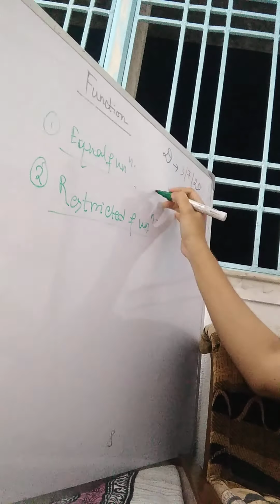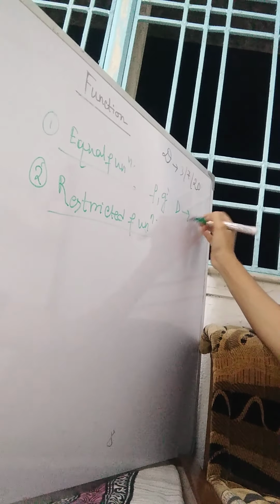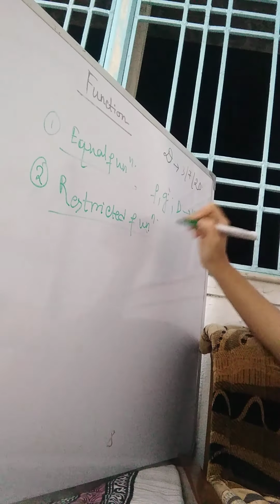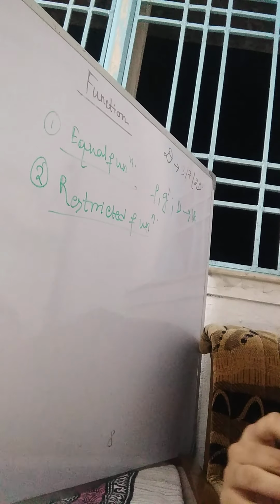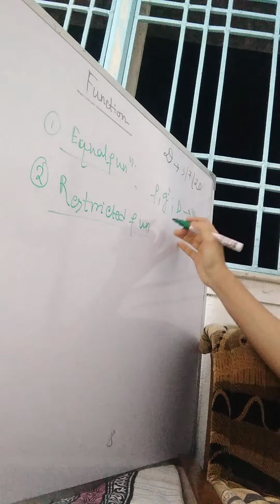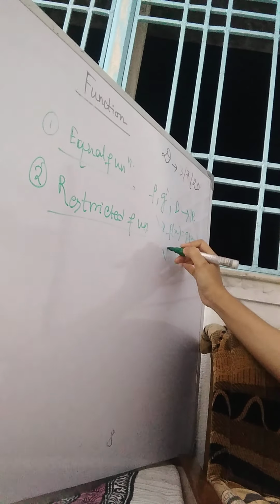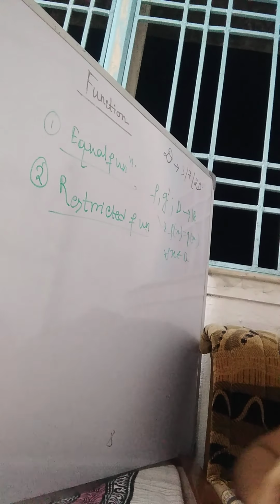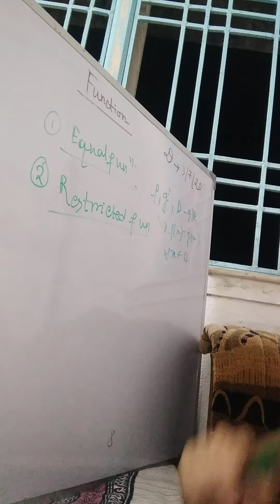Two functions f and g, both defined from D to R, where D is a non-empty set and R is the set of real numbers, are called equal functions if f of x equals g of x for all x belonging to D. That means for every number taken from D, f of x equals g of x.